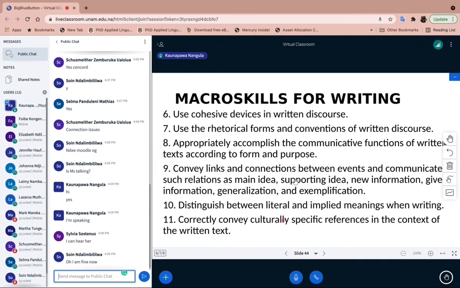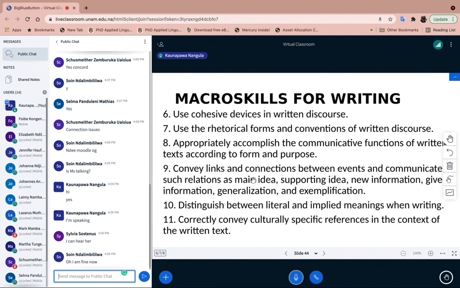And then you should also use supporting ideas, provide new information, give information, generalization, and exemplification in your writing when you are communicating. So you should know, like, how do you write the main idea?